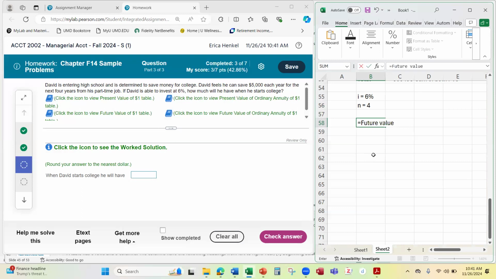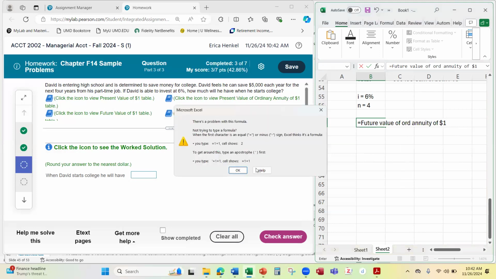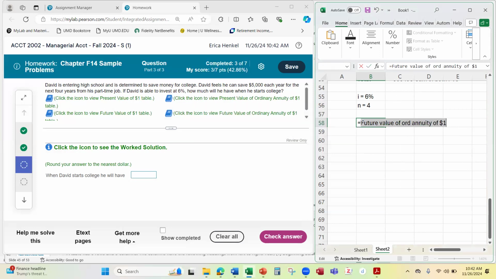Do we have single or multiple? Do we have a series of deposits that are going to get made, or do we have a single amount that's going to get deposited? So we have a series, right? So that's going to be the table we're going to use.